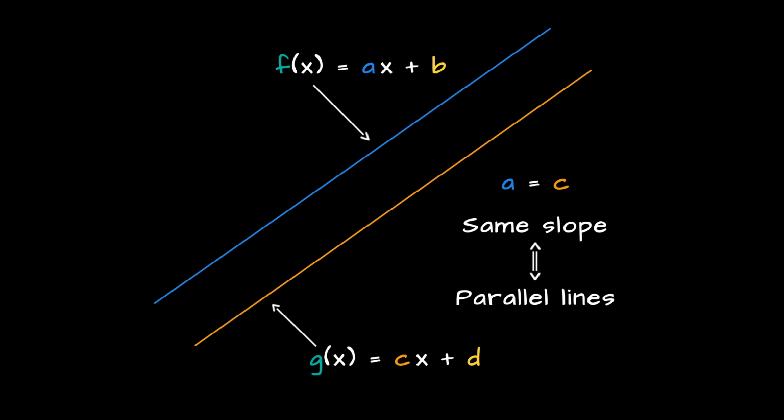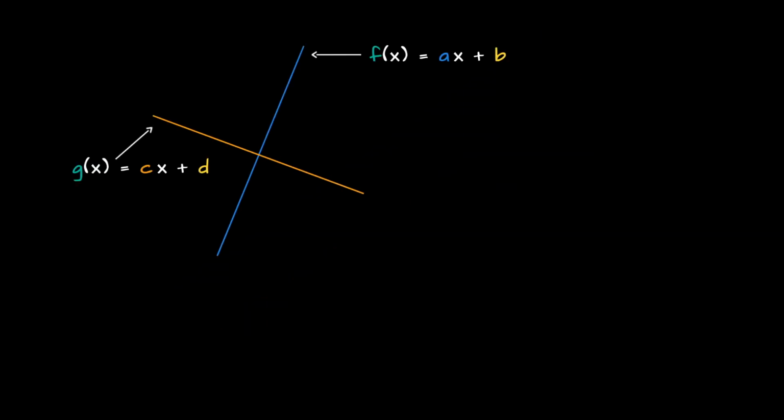What if, instead of being parallel, our linear functions were perpendicular? What if their graphs meet at a right angle? What can we say about the relationship between their slopes then? Well, if the slope of f, that's the blue curve, can be written as y over x, so that starting on the blue curve, we can move x units to the right and y units up and get back to the blue curve, then since g is perpendicular to f, we can start on the orange curve and move y units to the right and x units down to compute its slope.